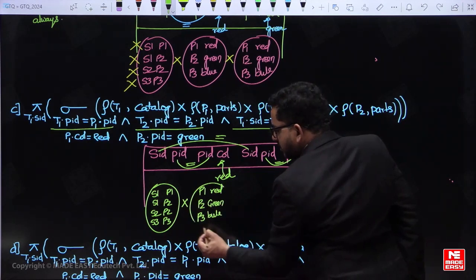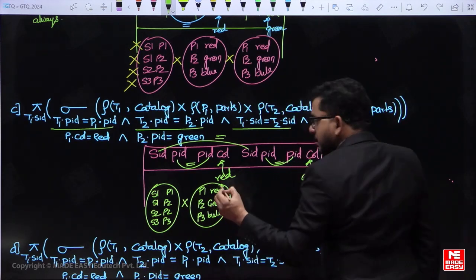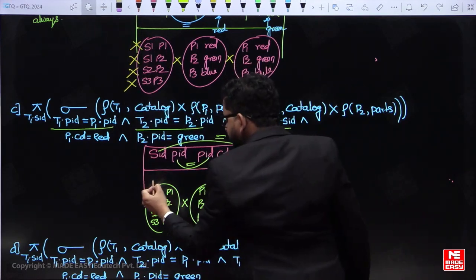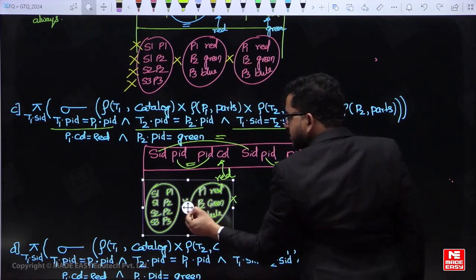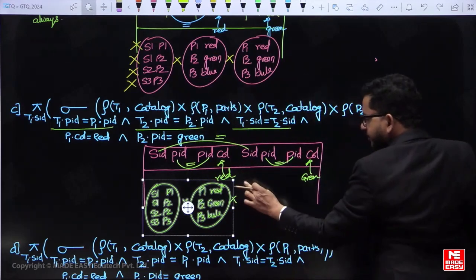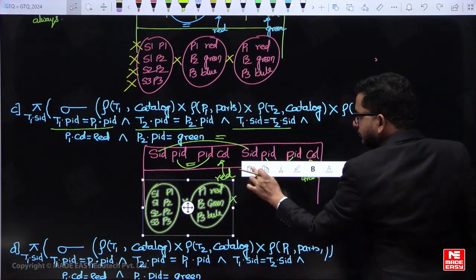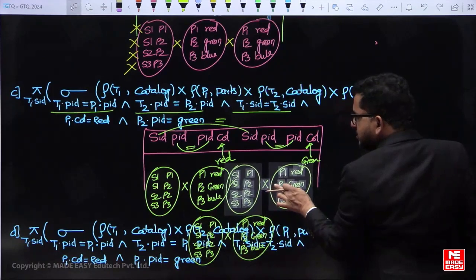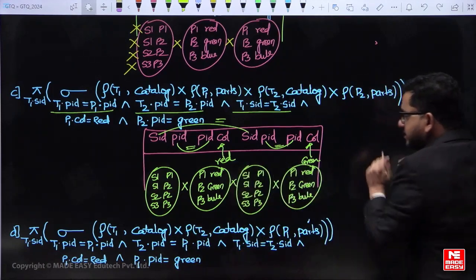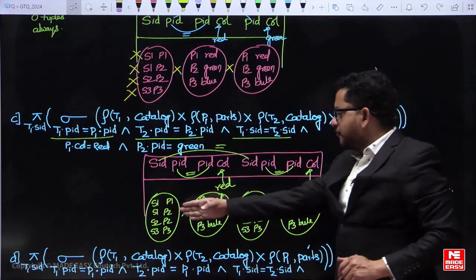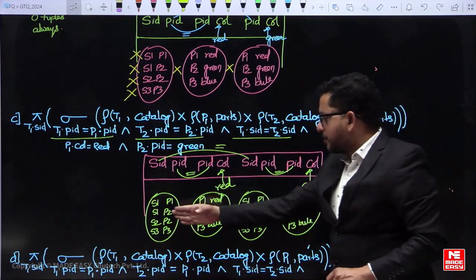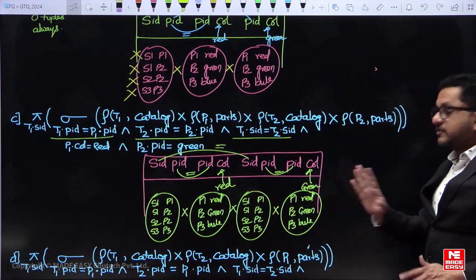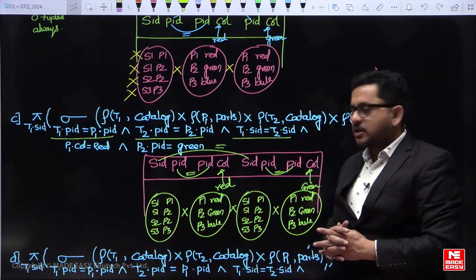These are the pots records, cross product with again catalog and again pots. One more instance of catalog and pots records. So this is the combination of records in the result of the cross product. It's not like these are 4 or 3 records, these are 4 multiplied by 3 multiplied by 4 multiplied by 3, that many records in the result of the cross product.